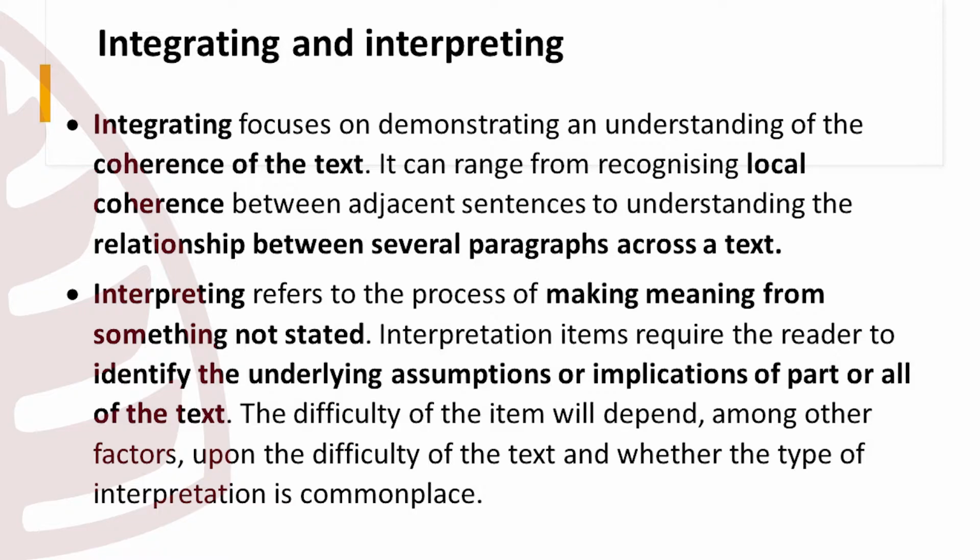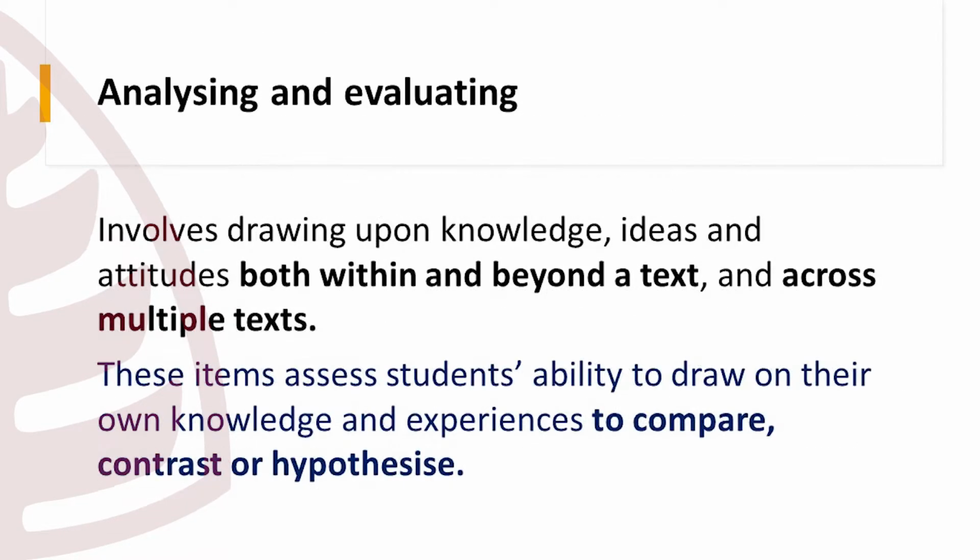And interpreting and making meaning is, of course, making assumptions from explicitly stated information and information that is not there, so that they can infer about a particular meaning or a particular context that they are working within.